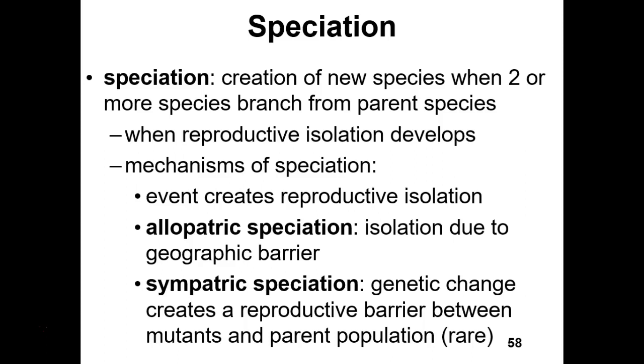The populations that may have been the same species at one time may, because of the isolation, no longer be able to interbreed. And then sympatric, where some genetic change occurs, a mutation occurs within some organisms in a population, and that mutation causes a reproductive barrier to be put in place.